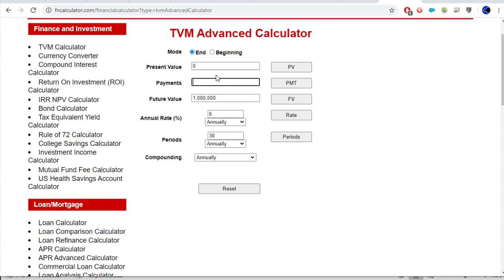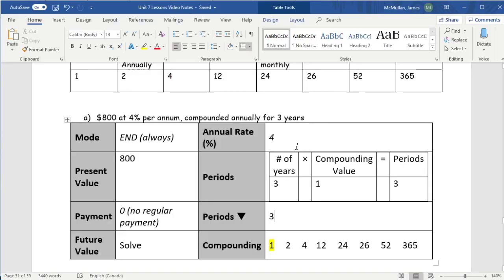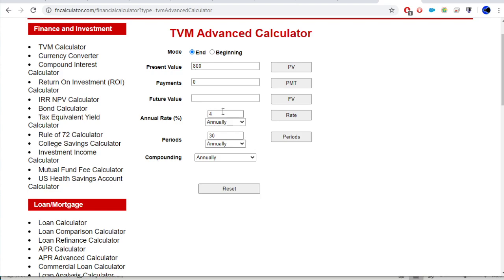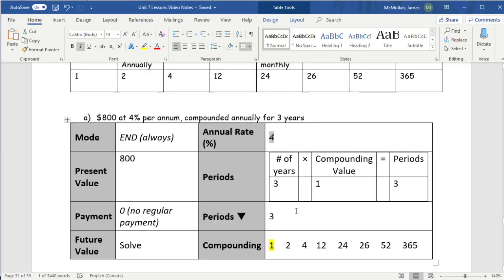I'm going to say the payment is 0, the present value is 800, the future value is what we're going to solve. The annual rate is 4%, so I put a 4 there, and it's for 3 years, compounding annually. So my future value, how much would I owe in the future? I would owe $899.89.